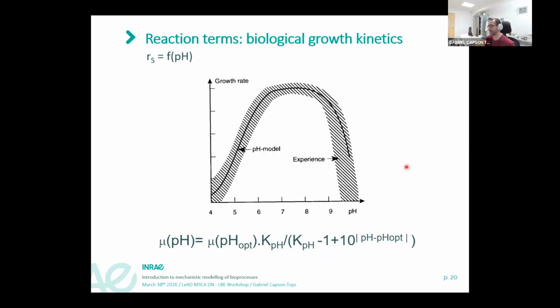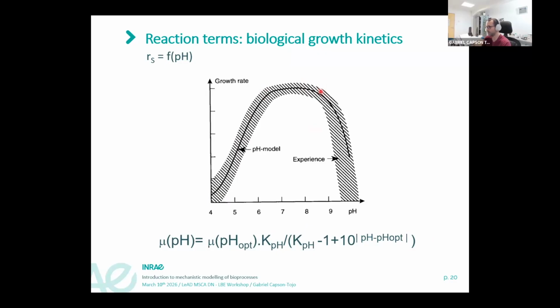For pH, it's kind of the same thing, but because pH, many times we don't control it, we surely need to consider these inhibition ranges, let's say, zones. And most of the times we use empirical relationships that we know work, just the ones that you have here. So basically you have a region where you run on optimal conditions, usually it's neutral pH.